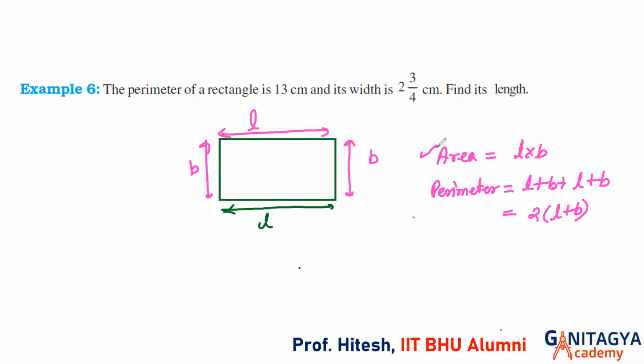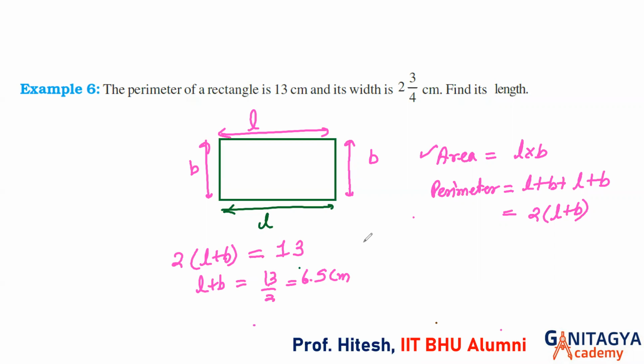So what is the question? The question is perimeter of rectangle is 13 centimeter. So 2 into L plus B is given by 13. So L plus B is nothing but 13 upon 2, that is 6.5 centimeter. Understood?